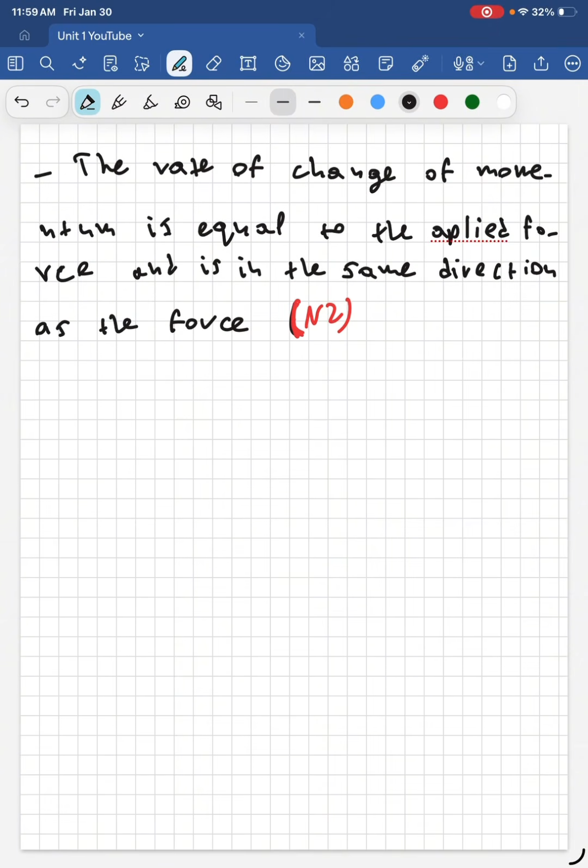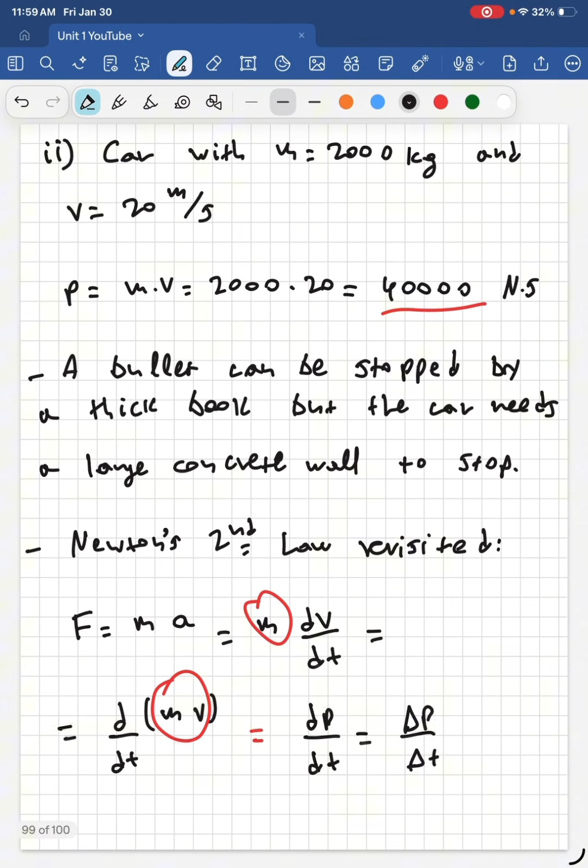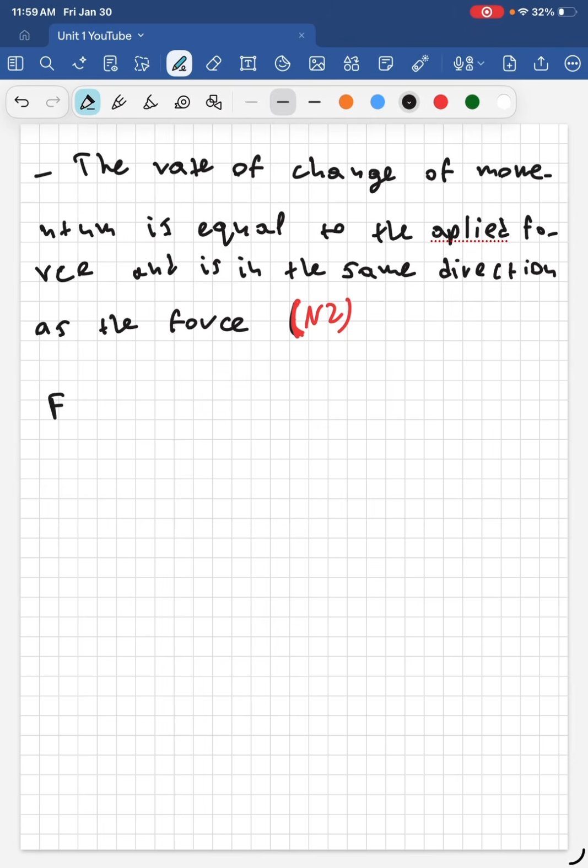All right, because I mentioned it in passing, I'm gonna elaborate a little bit on something that you don't need to know at this stage in your life, but it's interesting to know, nevertheless. So remember that we wrote F is dP over dt, and this is equal to d of mv over dt.